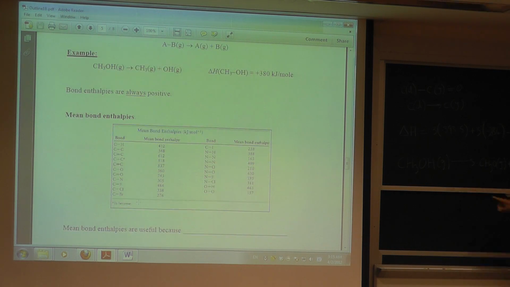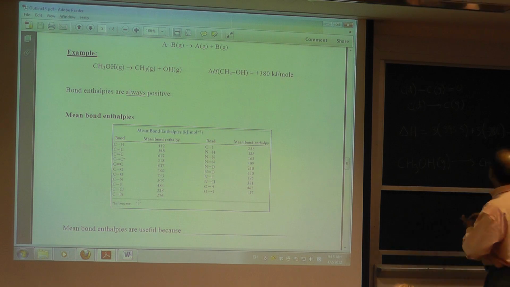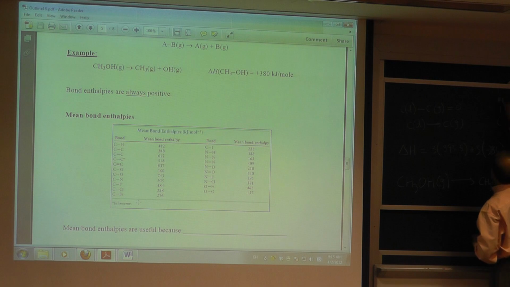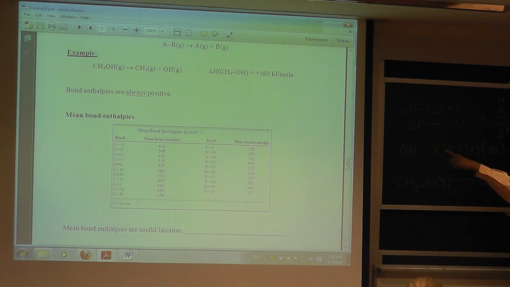Because you're breaking the OH bond here. And so the example is written here, that's for the CH3OH bond. It's for this bond here. That's the example over there. The example here is breaking the OH bond.